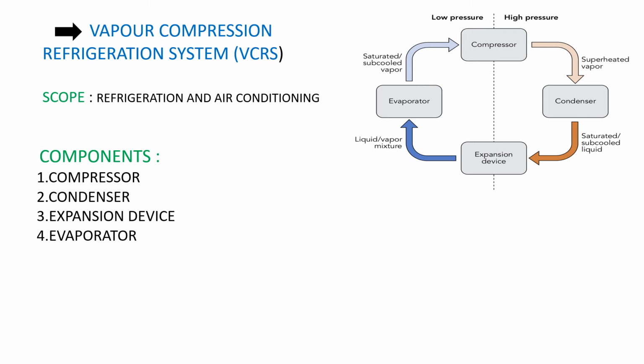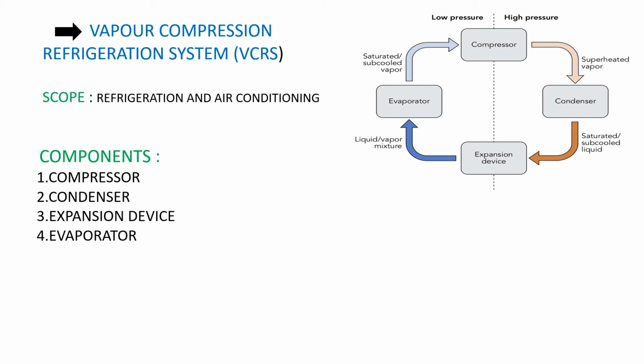which is then sent to the evaporator. In the evaporator, heat transfer takes place, and a fan is mounted on it, so in the evaporator we get cool air, and the temperature around the evaporator will be reduced. So this is about the cycle.